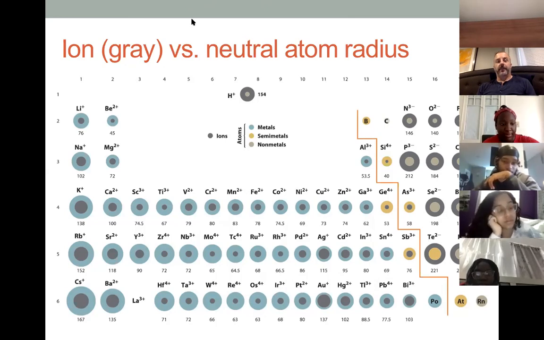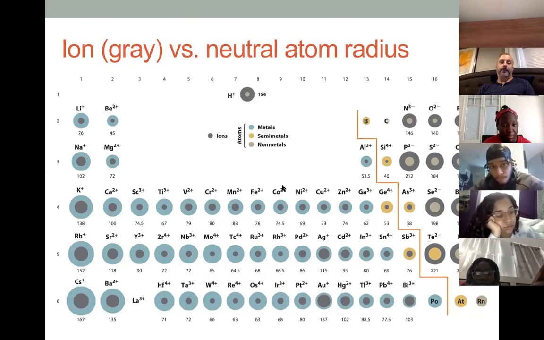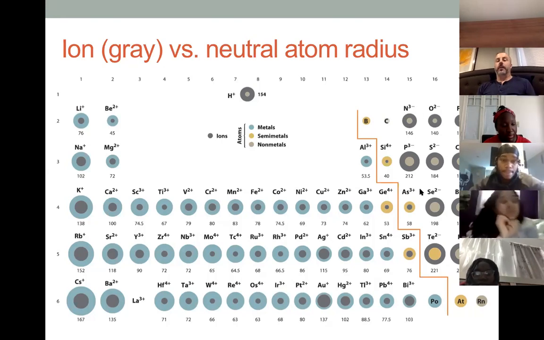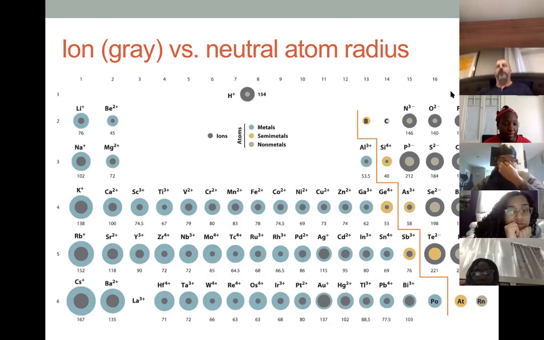So basically when you lose electrons, that makes it smaller, and when it gains electrons, it makes it bigger. Yes, and you have to always be able to explain it in terms of effective nuclear charge or in terms of electron repulsion. For these, you would just say the effective nuclear charge is lessened.